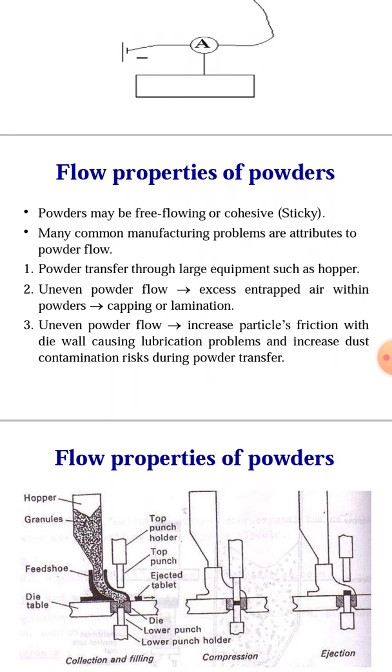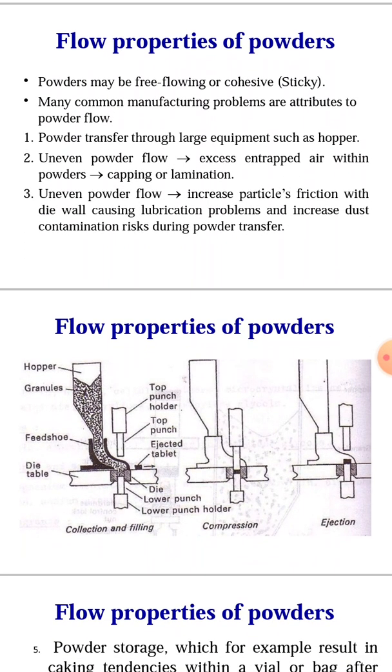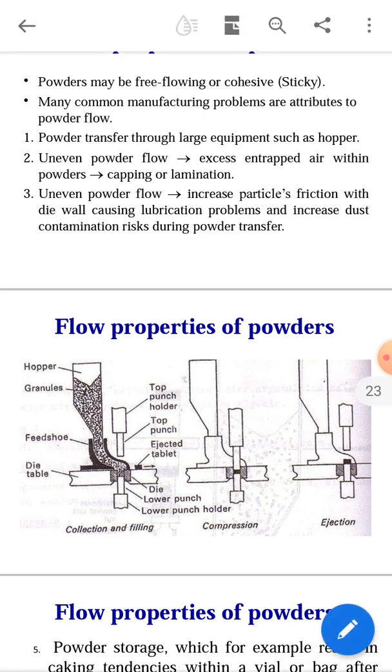Next we come to the most important parameter of micromeritics, that is, the flow properties of powders. Dosage form design depends largely on the flow properties of the powders. Powders may be free flowing, cohesive or sticky. Many common manufacturing problems are attributed to powder flow. If you use cohesive powders, your dosage form will be sticky in nature.